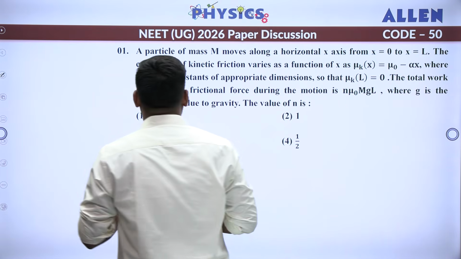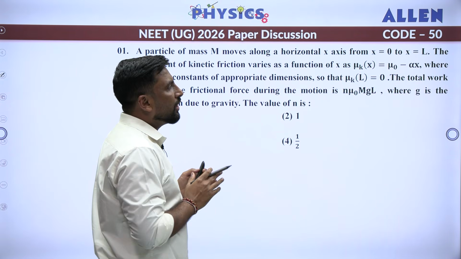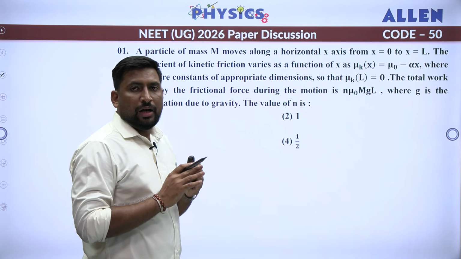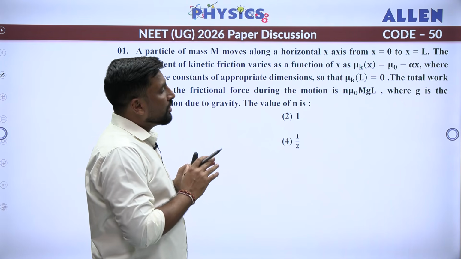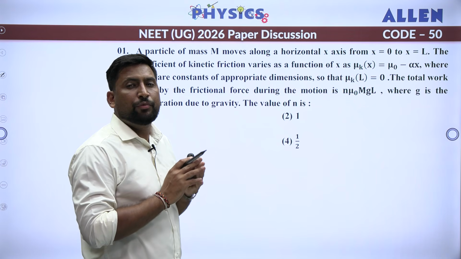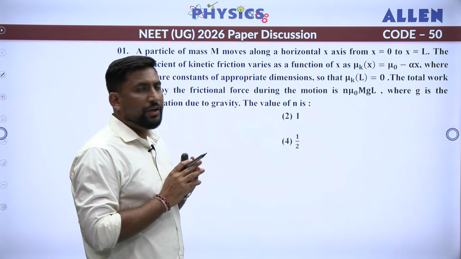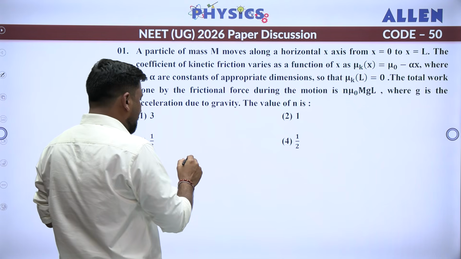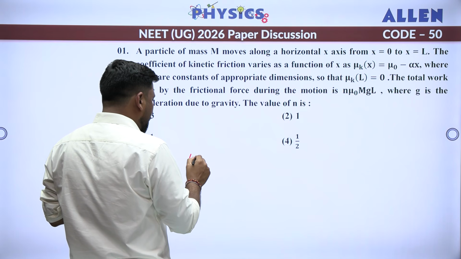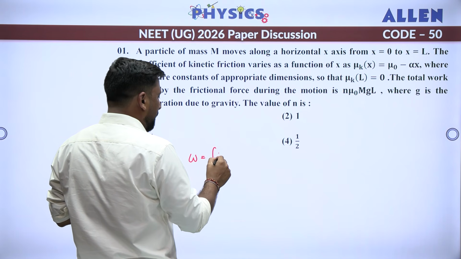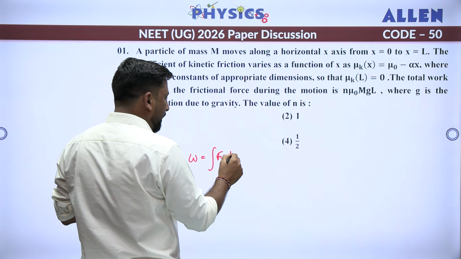Question number 1 is saying a particle of mass m is moving on the x-axis on a surface, the coefficient of friction of which is variable. We have to find the work done by the frictional force. So we can say that work done W is equal to the integration of F friction into dx.